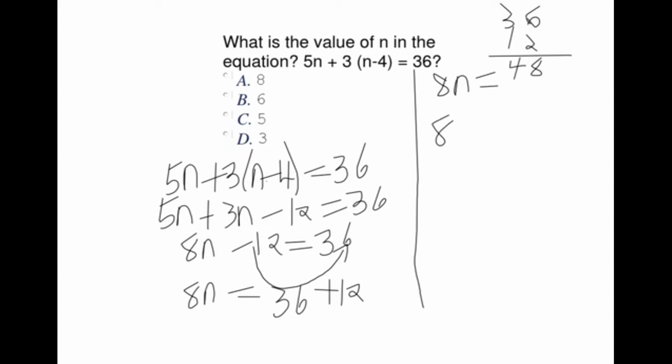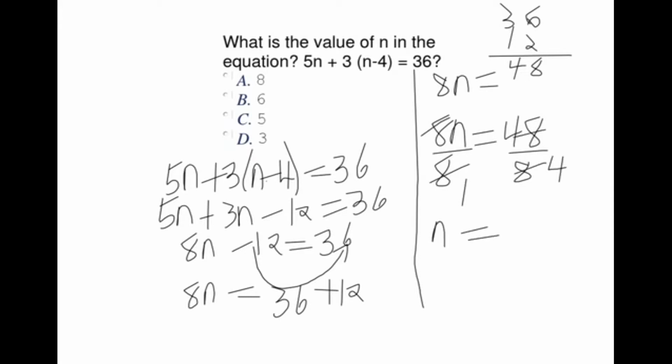So we have 8n equals 48, then divided by 8, divided by 8. So our n will be equal to 6. So we have n equals 6.